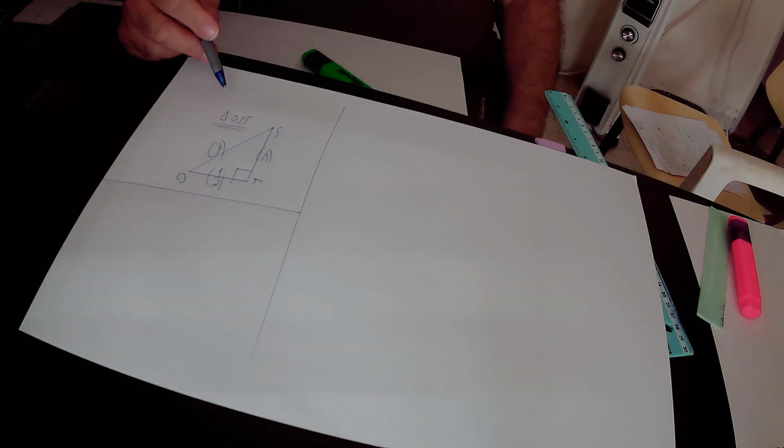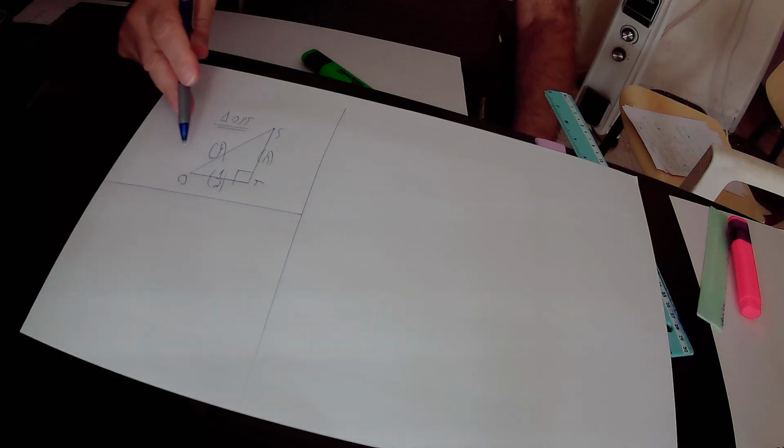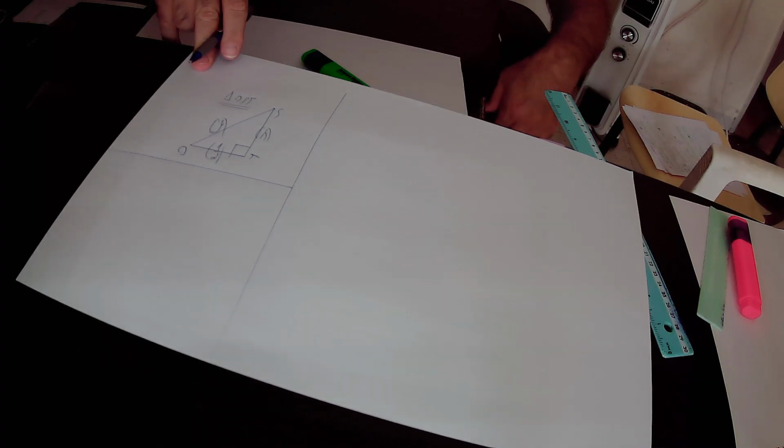Clearly, this is the right triangle OST from the original drawing. In any right triangle, according to the Pythagoras theorem, the square of the hypotenuse equals the sum of the squares of the perpendiculars. So in this right triangle OST, SO squared, the square of the hypotenuse, equals ST squared plus TO squared.